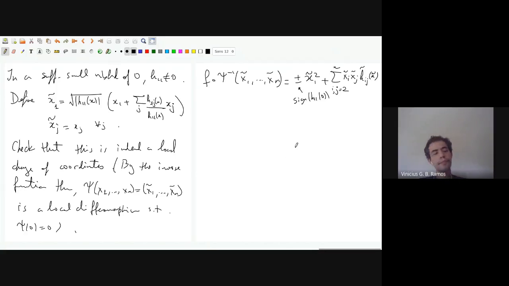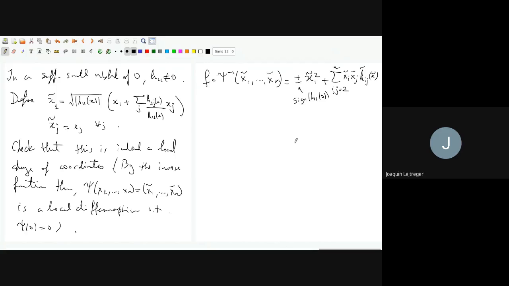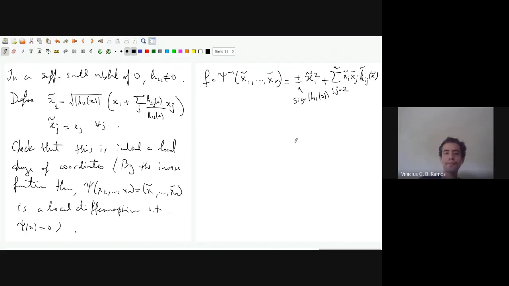Can you explain again how they disappear? Yeah. Let me look at what happens when you do x1 tilde squared.